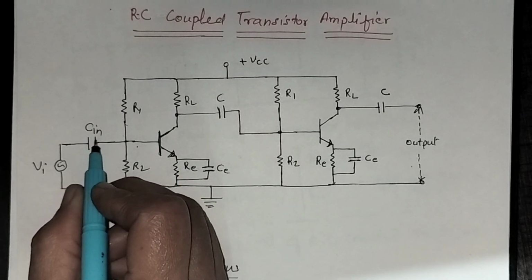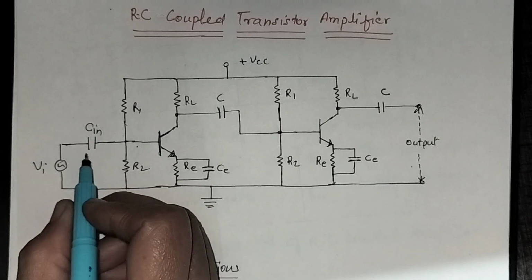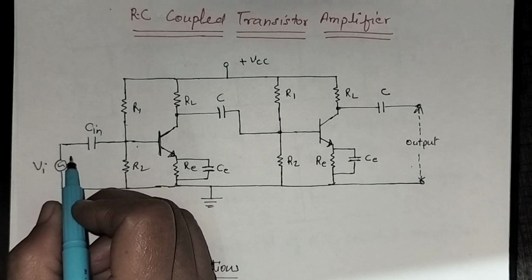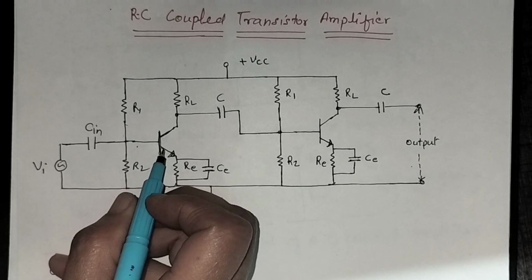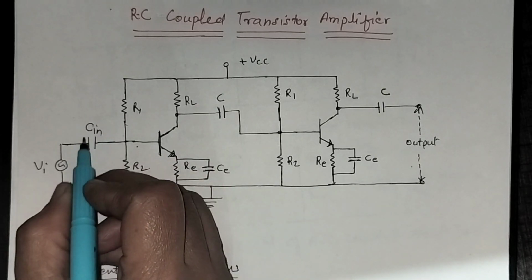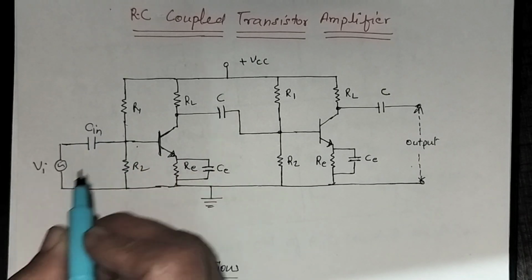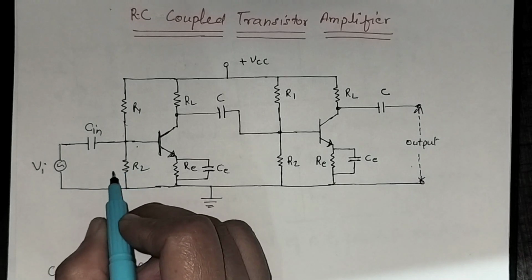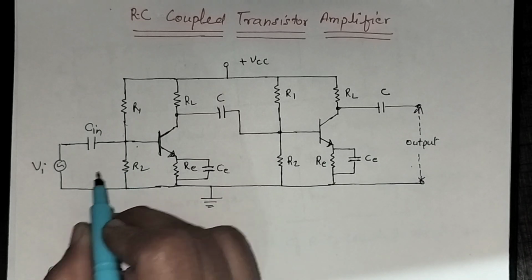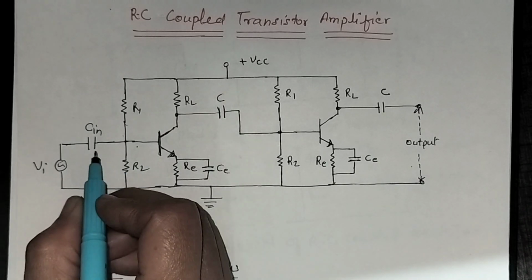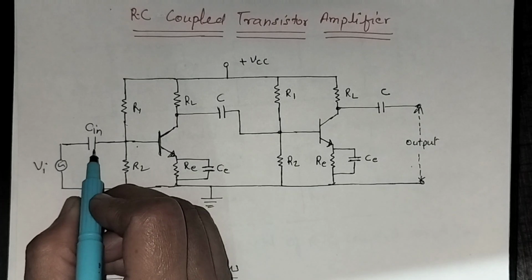Also, this input capacitor Cin is used to pass the AC signal to the base of the transistor. If this capacitor is not connected here, the input signal will come in parallel with this R2 resistance and change the biasing condition. So it is required to put a capacitor here.